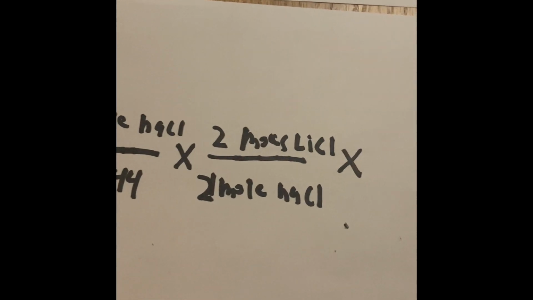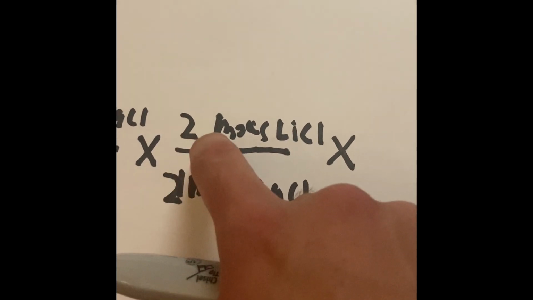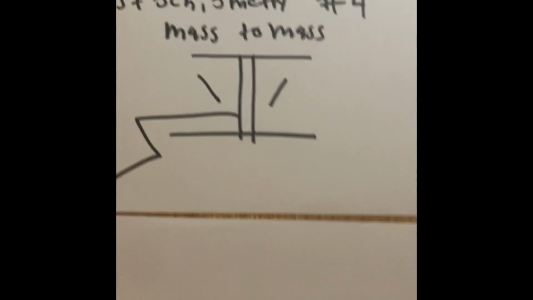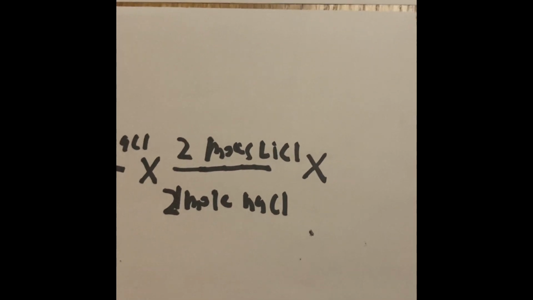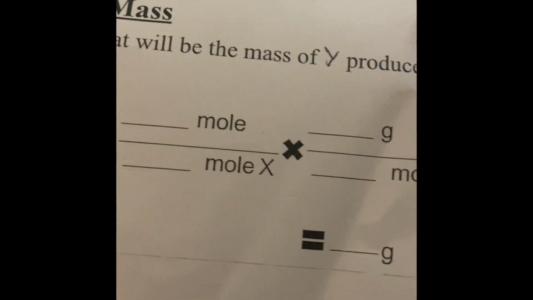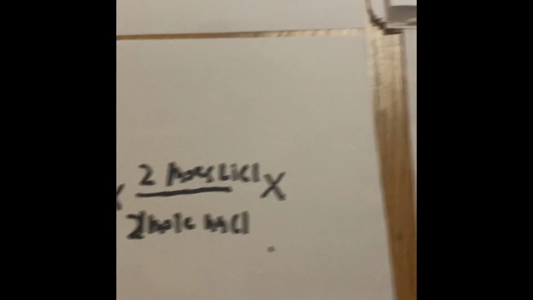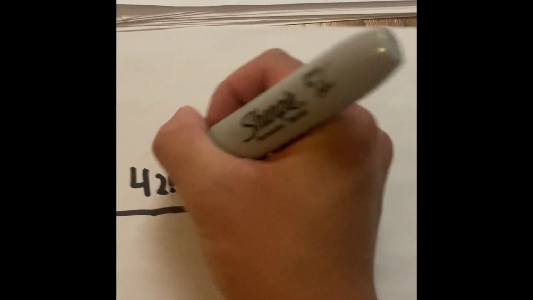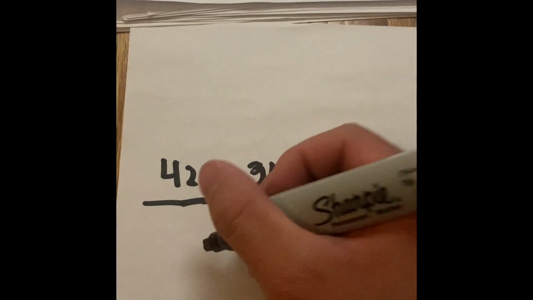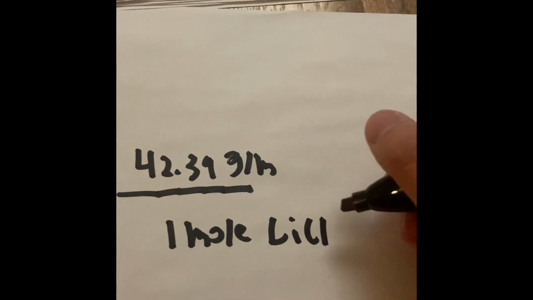So here's what's going to happen. Last time we had NaCl on the bottom. We're done with that. Now we have to convert from lithium chloride moles back to mass. From the instructions manual, again, we put grams on the top and moles on the bottom so they cancel out. So we're going to say 42.39 grams per mole, for 1 mole of LiCl.